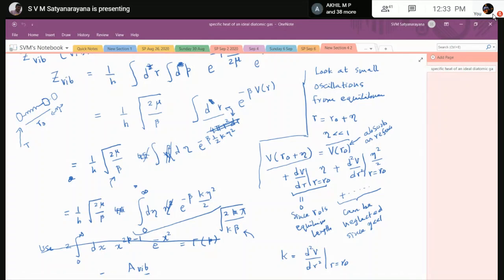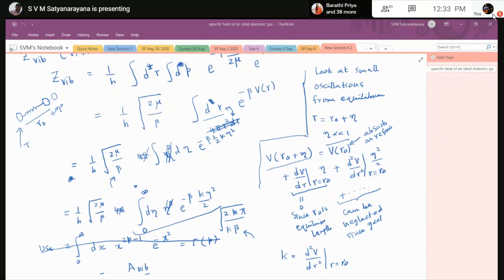But sir, in reality the oscillations are anharmonic, no? Because it is not so easy to compress the molecule, but it is easy to expand it. That is correct. But what we are saying is that these things are not happening at a very high temperature, and so classically it makes sense to talk about harmonic variation.